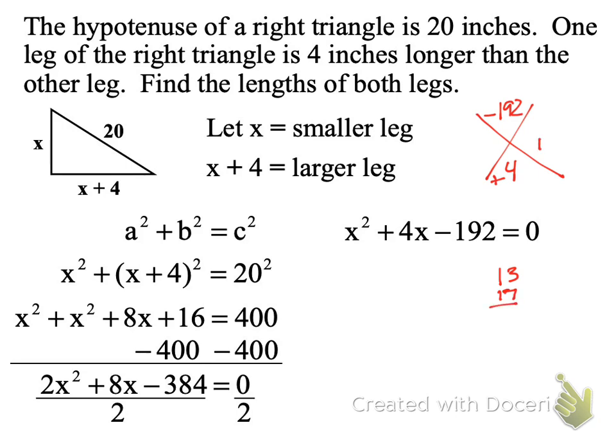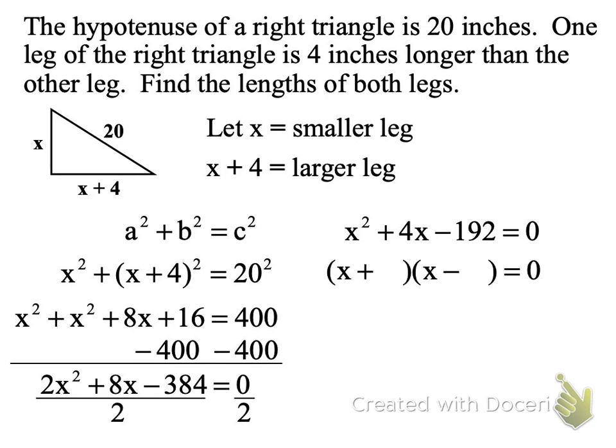Let's try it, because 13 and 17 would end in a 1, right? When you do 12 and 16, it's going to end in a 2. So 6 times 12 is 72, it's 192. Perfect. So which one's positive, which one's negative? Negative 16 and positive 12. Good.